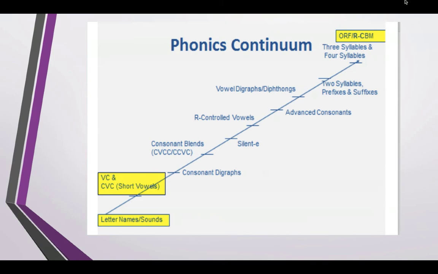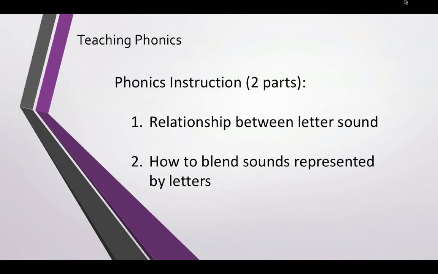We start building on consonant digraphs, then consonant blends, understanding silent E, which makes a long vowel sound, R-controlled vowels, advanced consonants, vowel digraphs and diphthongs, and then you start to build into multiple syllabic words, which would be generally where you're getting in 3rd, 4th, and 5th grade.